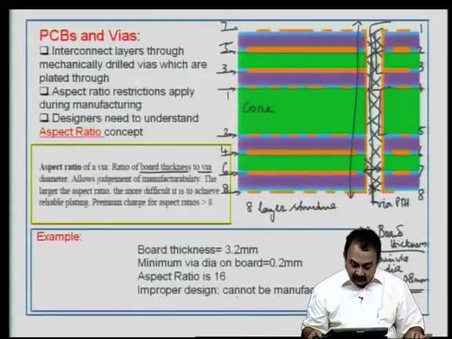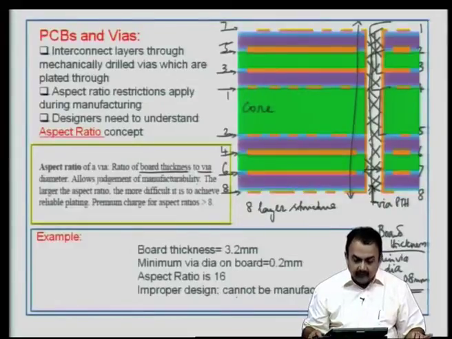Another situation: board thickness 3.2 mm, minimum via diameter on the board is 0.2 mm, and the aspect ratio is very high, 16.